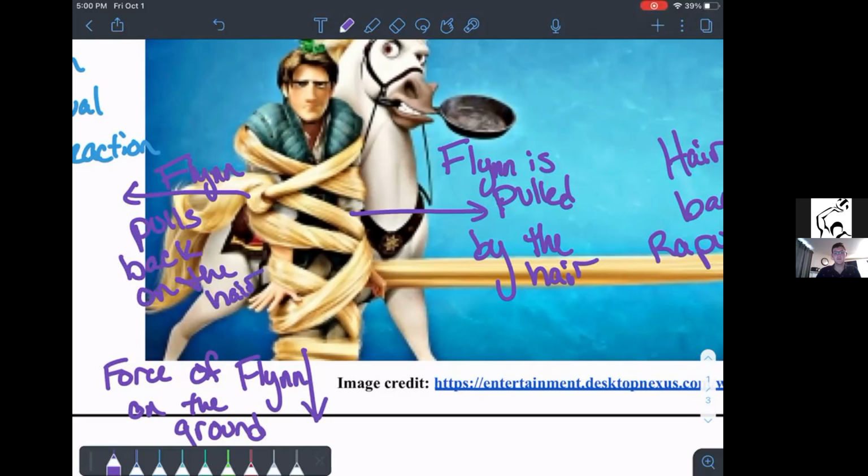So if he's being pulled by the hair, he's going to pull back on the hair, which is why he could stand still. Or else if he was being pulled with more force than he was pulling back, that's when we have that unbalanced force and he goes flying.